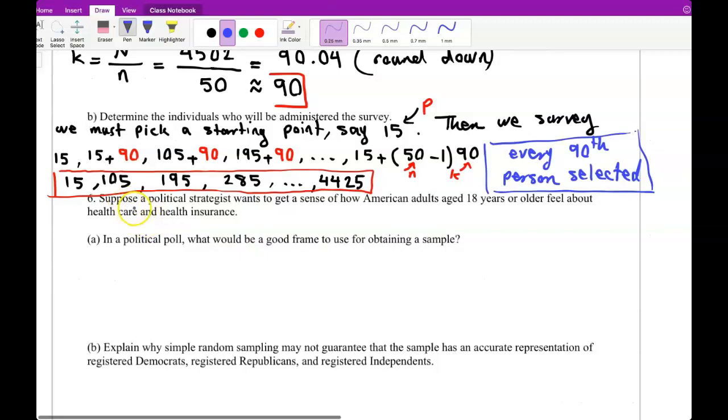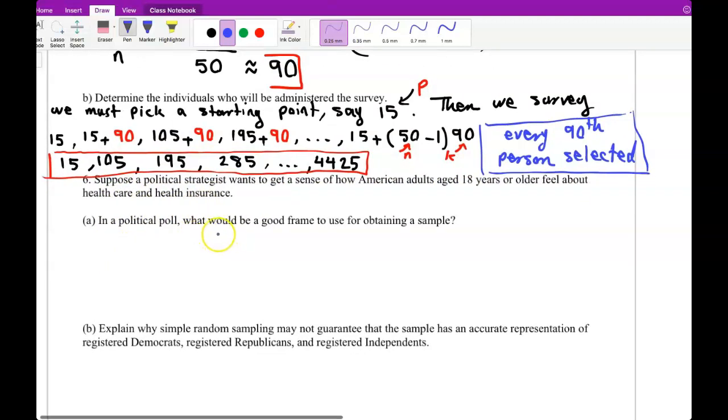Okay, example number 6. Suppose a political strategist wants to get a sense of how American adults aged 18 years or older feel about healthcare and health insurance. Part A. In a political poll, what would be a good frame to use for obtaining a sample?